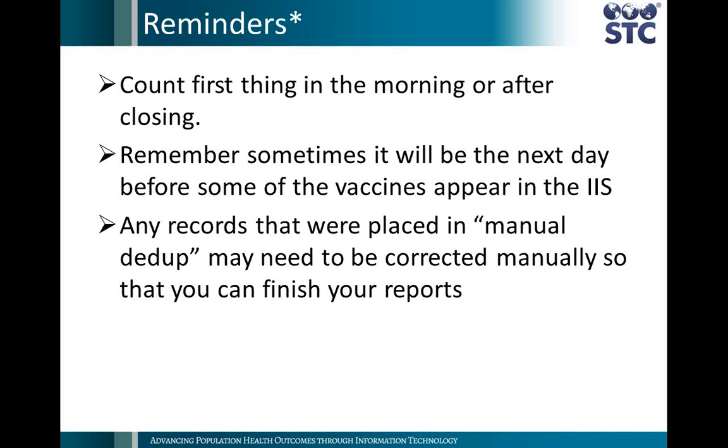This is typically done on a daily basis, but sometimes it will take a few days. So if you're wondering why someone's information hasn't come across in the registry, it could be because it's in that manual dedupe area and hasn't been looked at yet. That's another reason why you sometimes don't see the patient's record immediately in the registry.